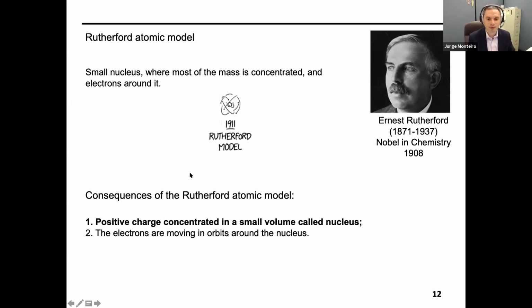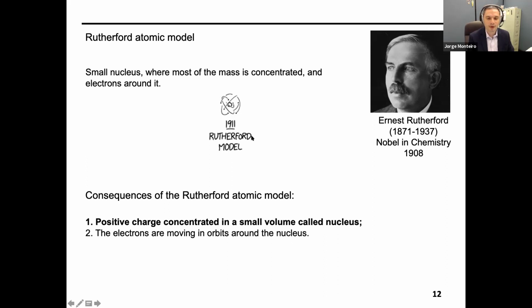Consequences of the Rutherford atomic model. First, we have positive charge concentrated in a small volume called the nucleus. Second, the electrons are moving in orbits around the nucleus.